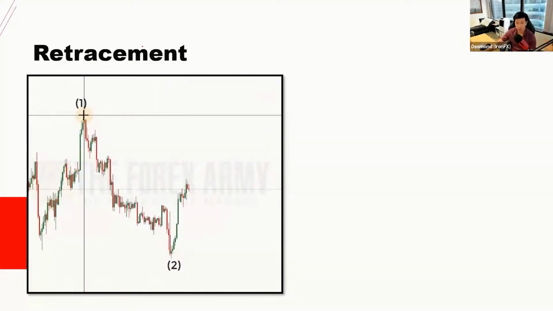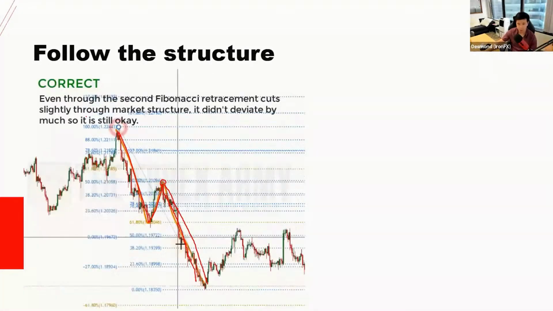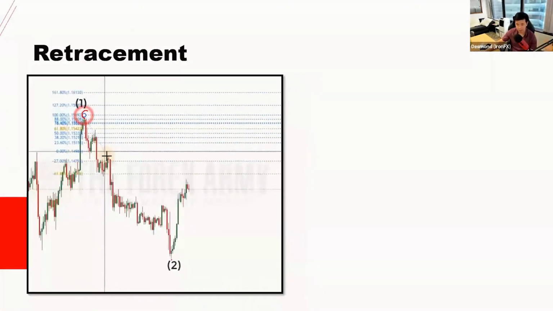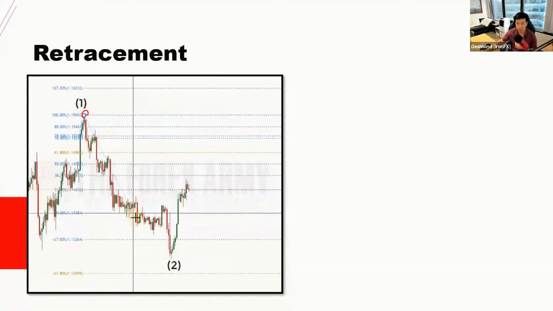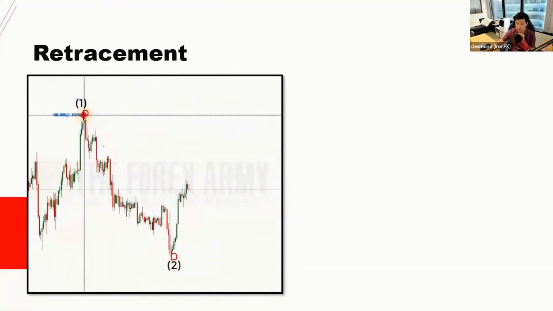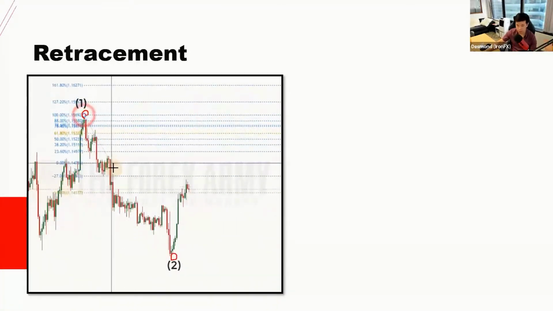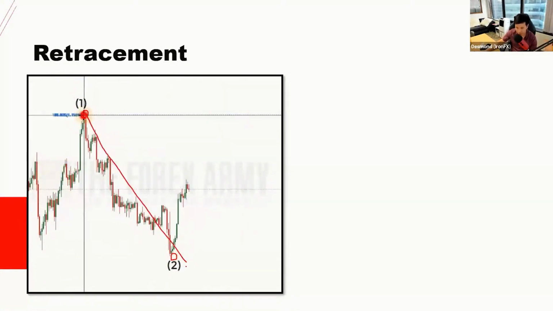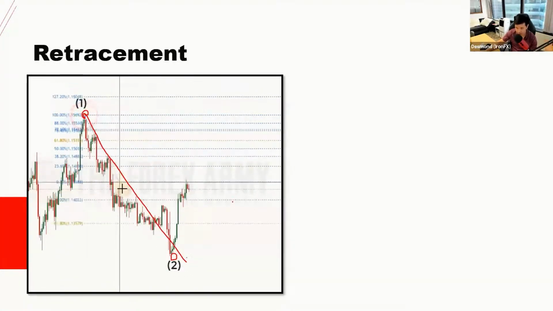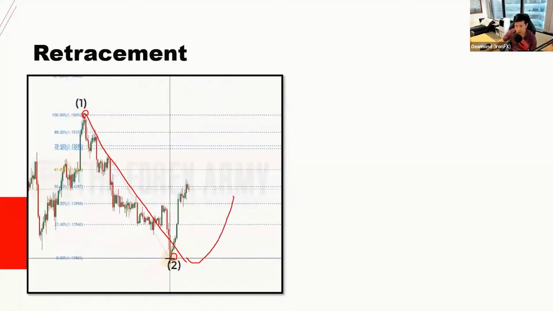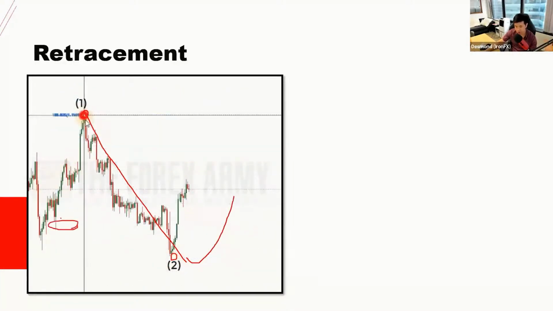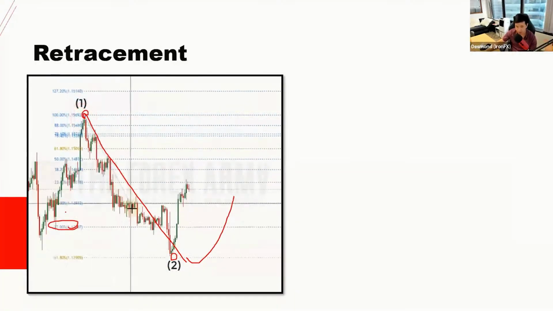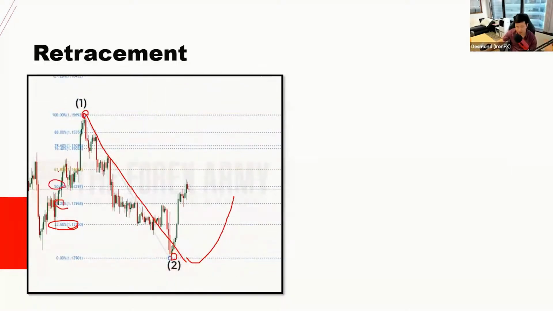For example, Fibonacci retracement: you pick one point and then a second point, your starting point and your ending point. You are trying to see how far price will retrace upwards. You tend to have a few traditional levels: 23%, 38%, 50%, 61%.